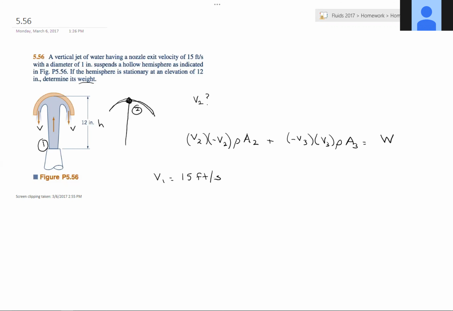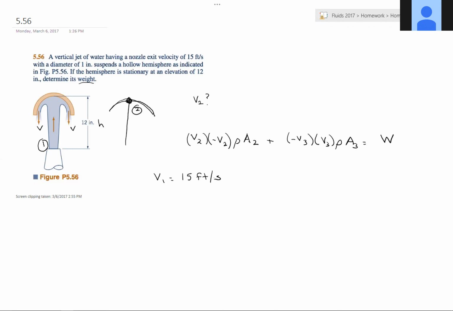So we're doing everything around that hemisphere, and we could use continuity. The problem is we don't know V2, we don't know V3, and we don't know the areas. So what are we going to use V1 in? What's the other tool? Yes, we can do Bernoulli's.